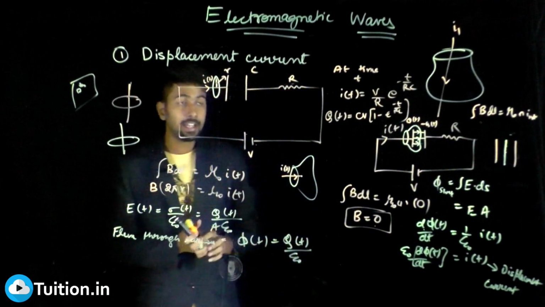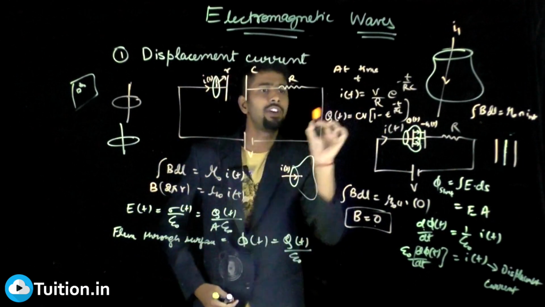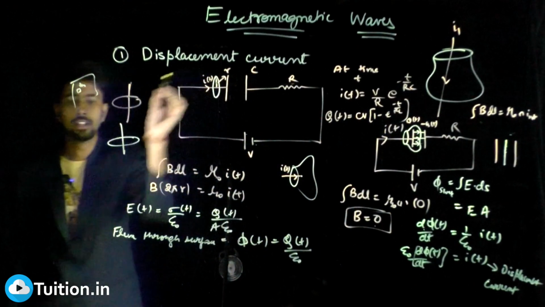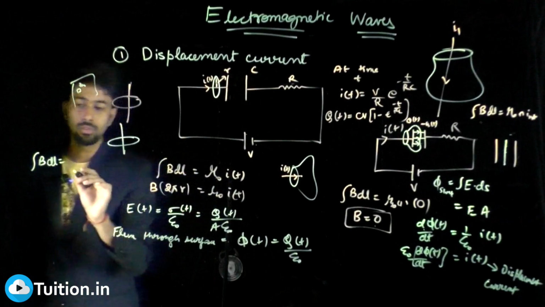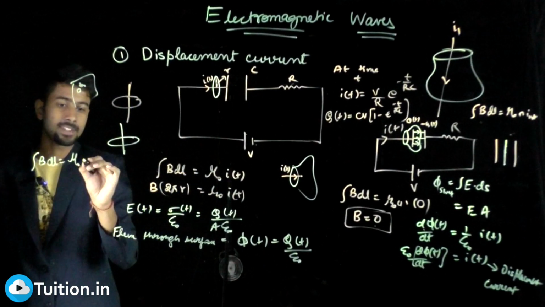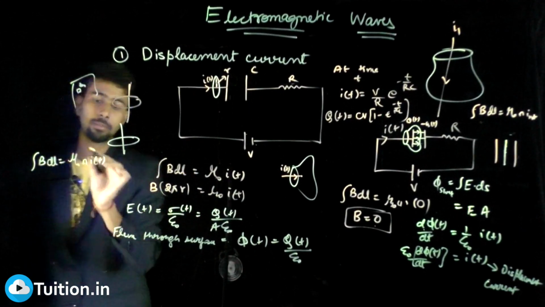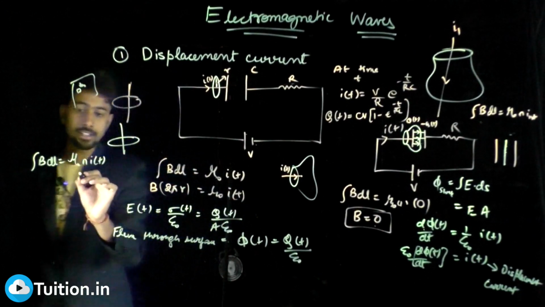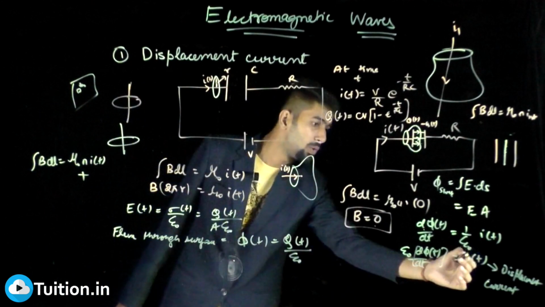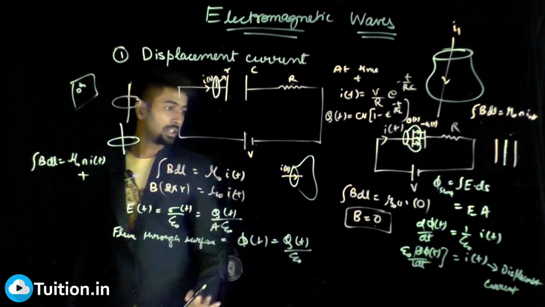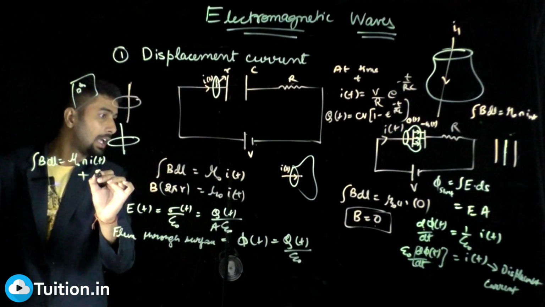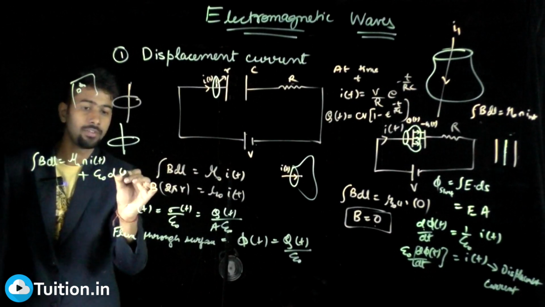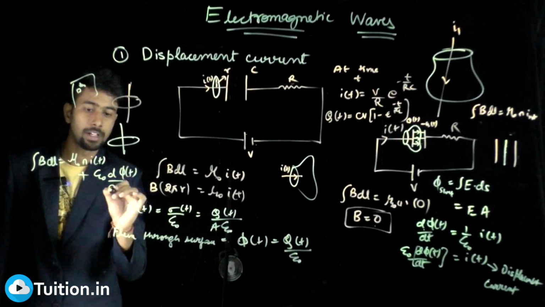So in fact now I should modify Ampere's law to this: integral B dl is equal to mu naught times n times I(t), if the boundary has n turns, plus I should also include the displacement current here. So this is nothing but epsilon naught times d phi of t by dt.